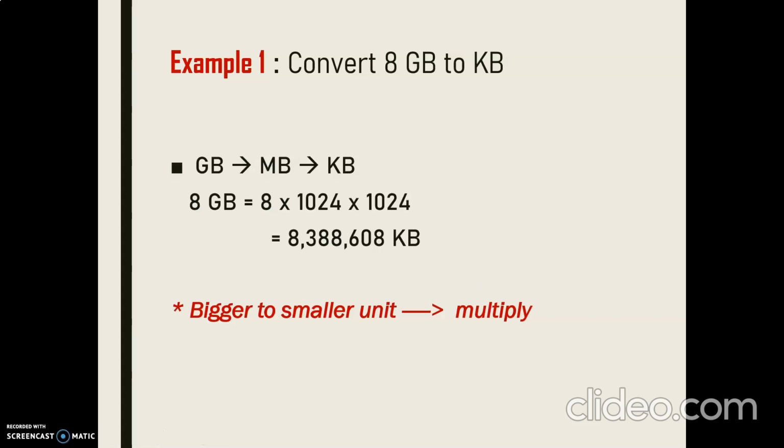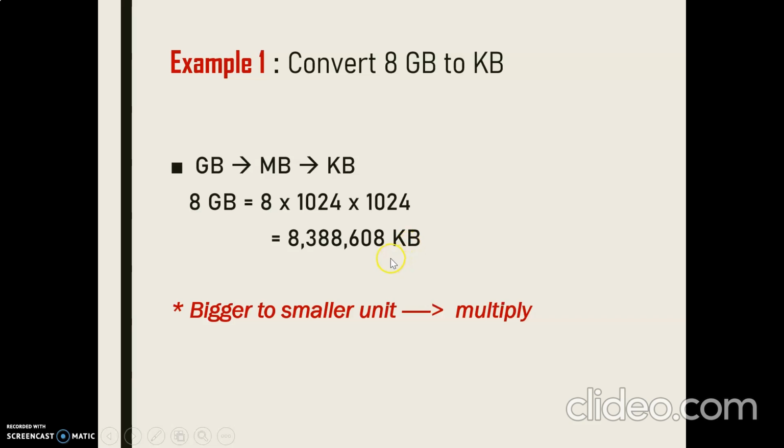For example, you are given 8 gigabyte to convert to the unit kilobyte. From gigabyte to megabyte, we have to multiply by 1024, and then further multiply by 1024 to get kilobyte. So we are going to have 8,388,608 kilobyte.